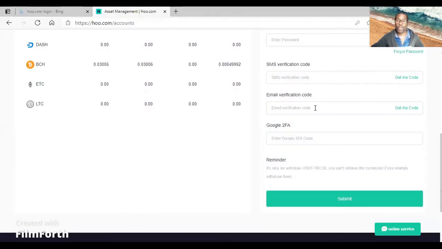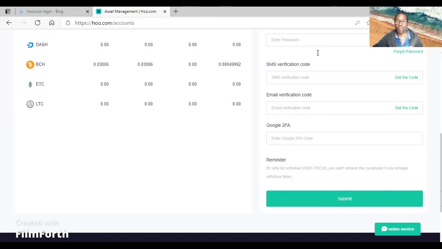So the only thing you have to do now is the security checks: enter the password, SMS code, email verification, and Google two-factor authenticator. That is 2FA. It generates 6 digits, which you should know by now. And once you do that, you are good to go.